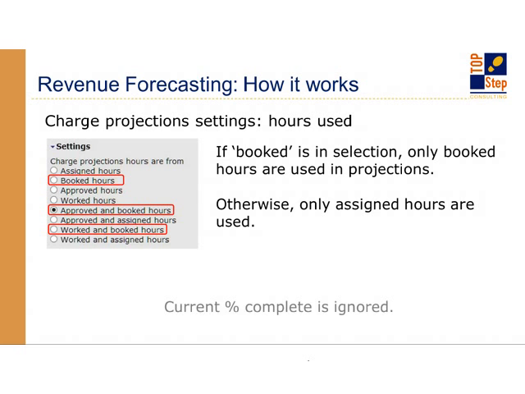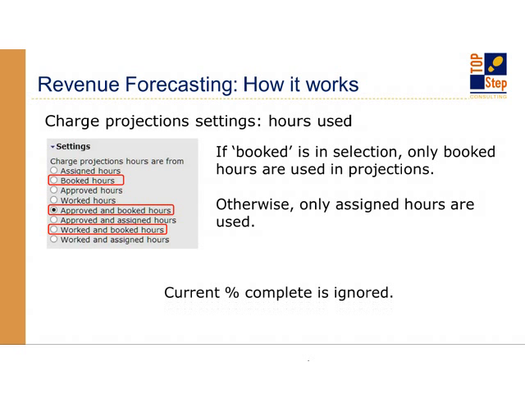It doesn't care about what percent complete the project or task currently is for projections. It completely ignores that. The other thing that it ignores is time entered to date. I want to let that sink in a little bit. All it cares about is, do I use booked hours or do I use assigned hours? And that's it.